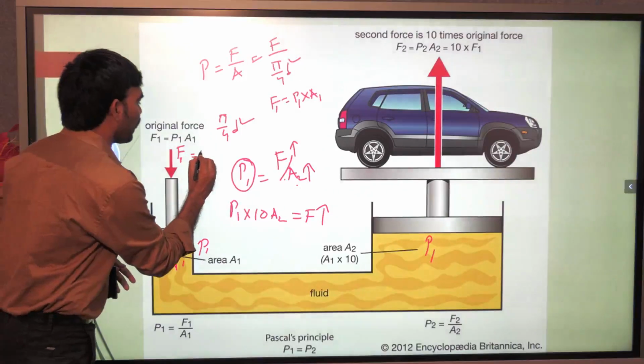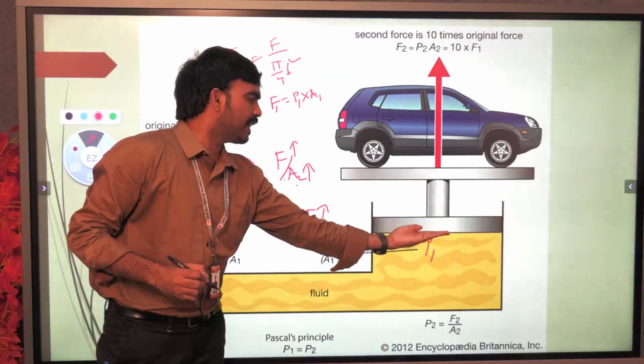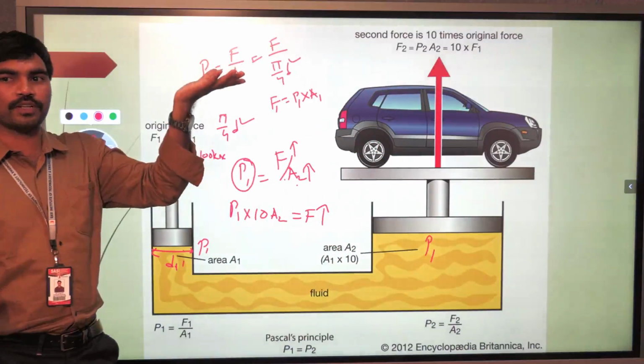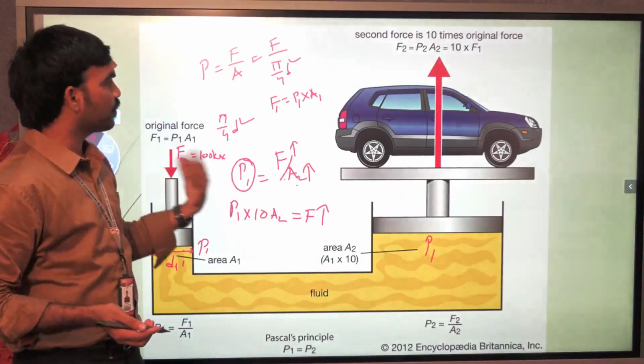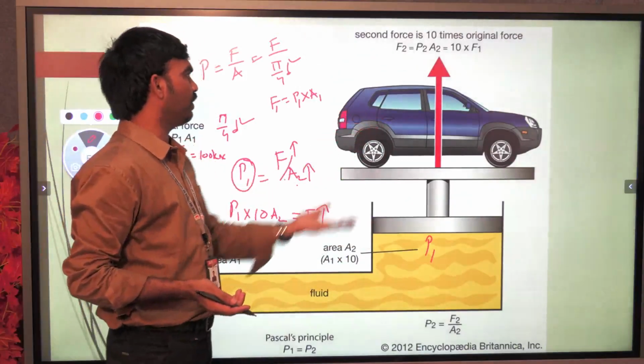For example, if you apply 100 kilonewtons here, the pressure created can lift 10 into 100, that is 1000 kilonewtons weight. So this is one of the best examples where we can use Pascal's law, for a hydraulic lift. You can call it a hydraulic lift.